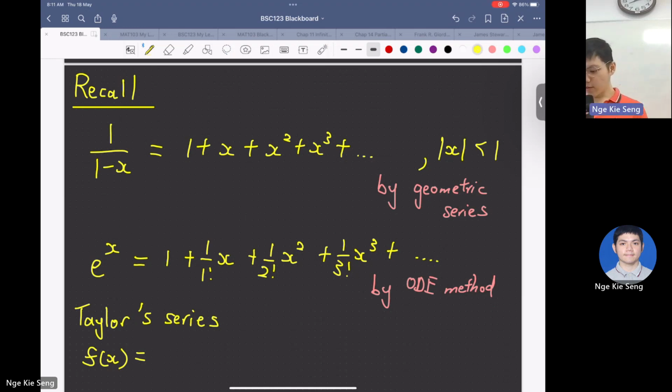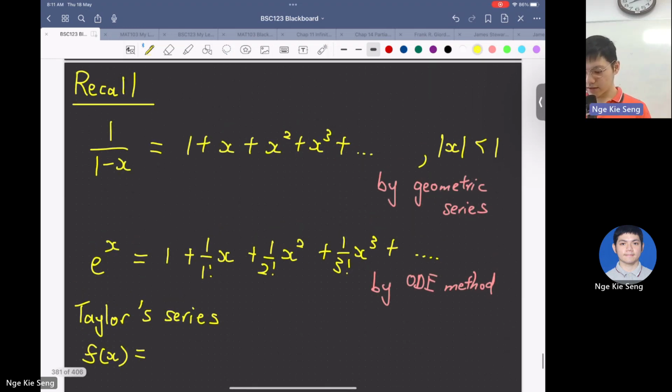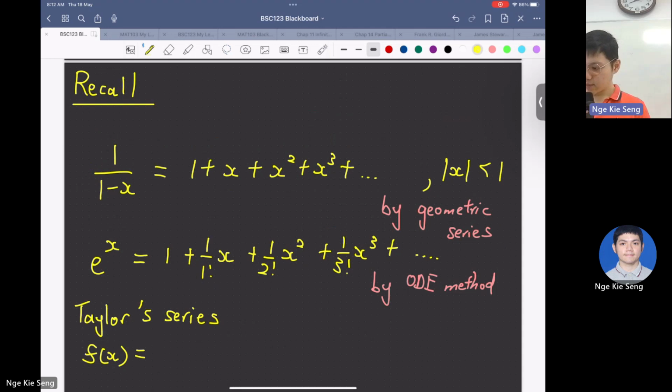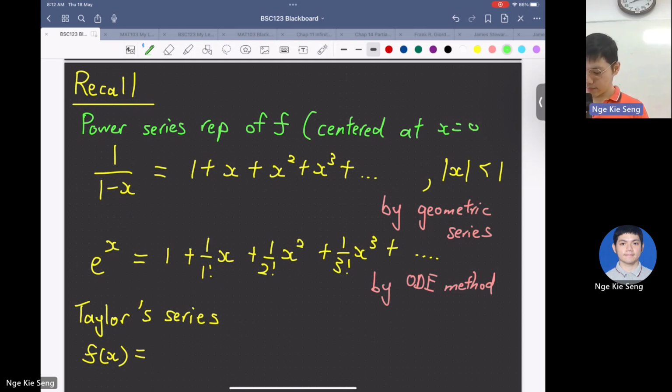So what this coefficient means is you evaluate the derivative. Let me write more here. So these are special power series, power series representations of f. Meaning what? They are centered at x equals 0.